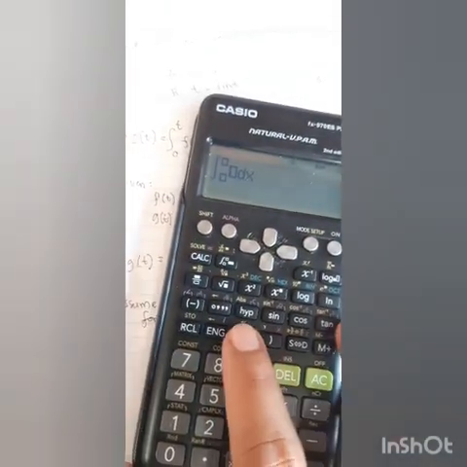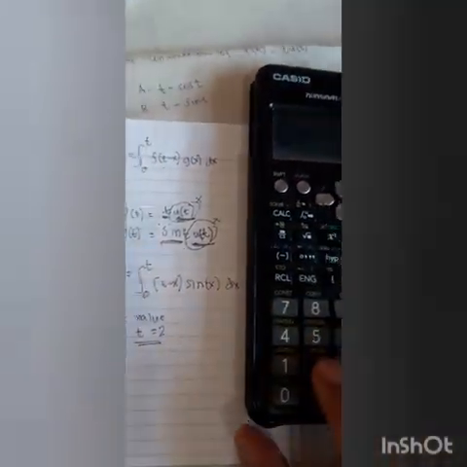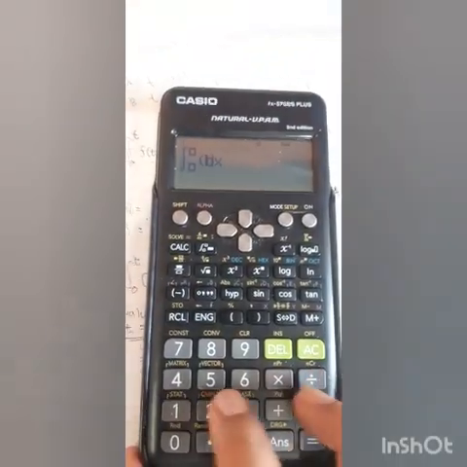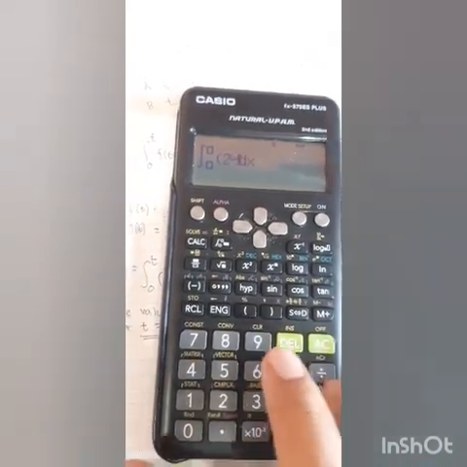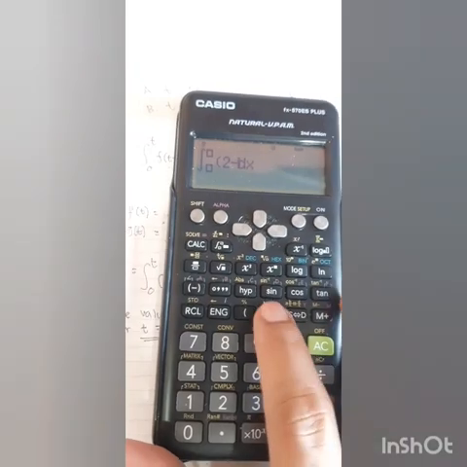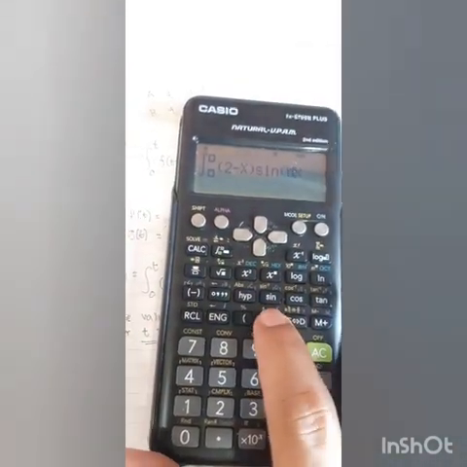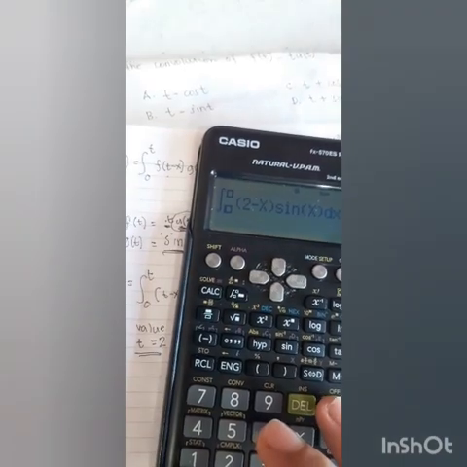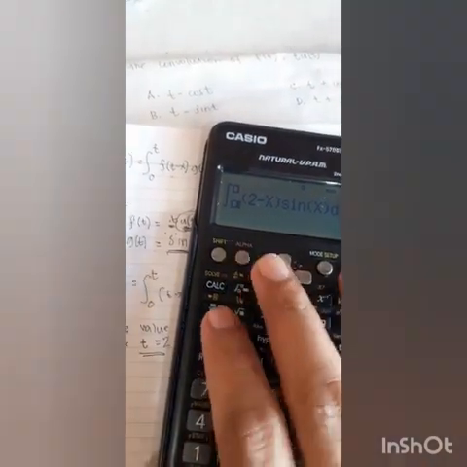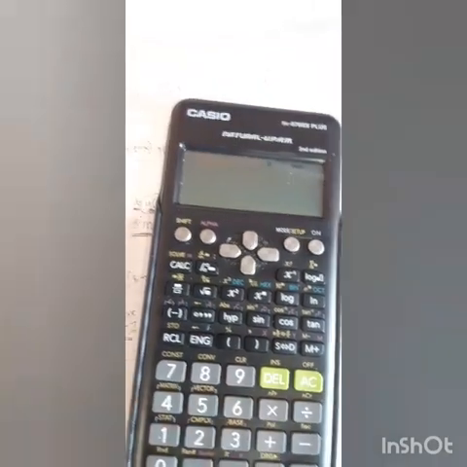Integral of t minus x, which is ang t natin is 2, sin x from 0 to 2.